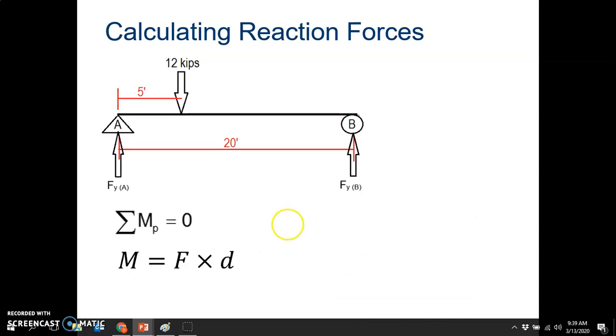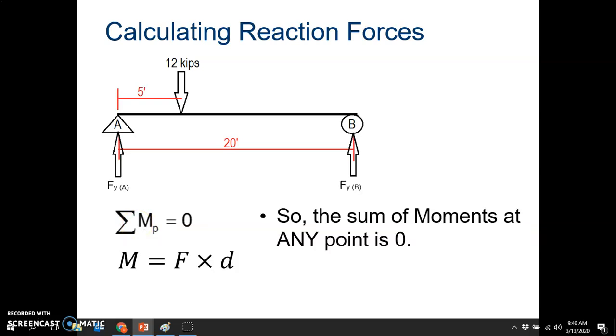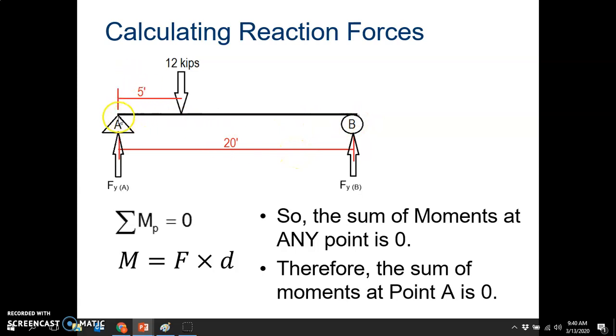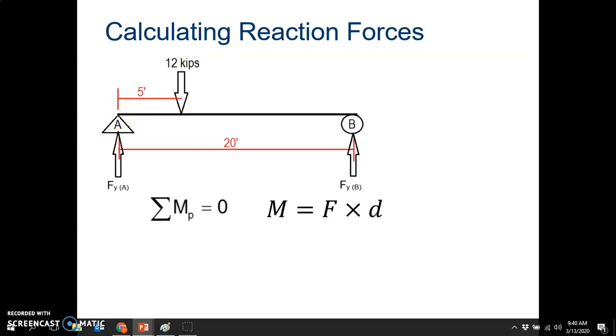However, we can use our other fundamental principle of equilibrium, which says that the sum of moments at any point is equal to 0. What do I mean by any point? It's that you can analyze any point for this next part. So let's analyze point A. The sum of all moments at point A is equal to 0. Let's make an equation that represents that.